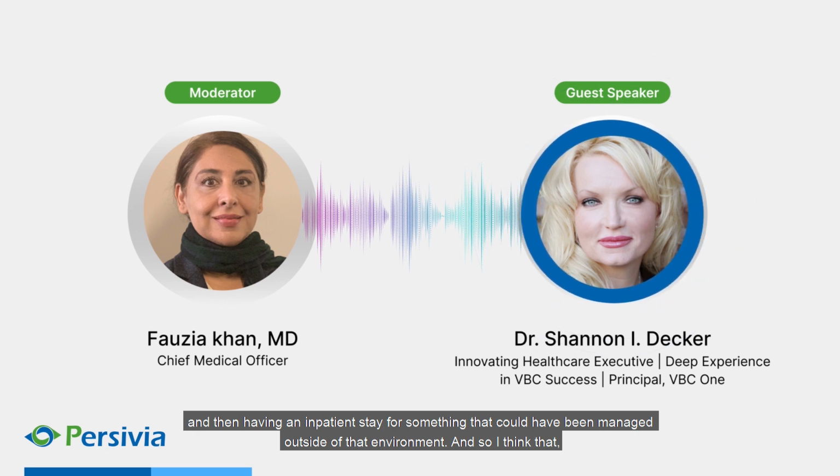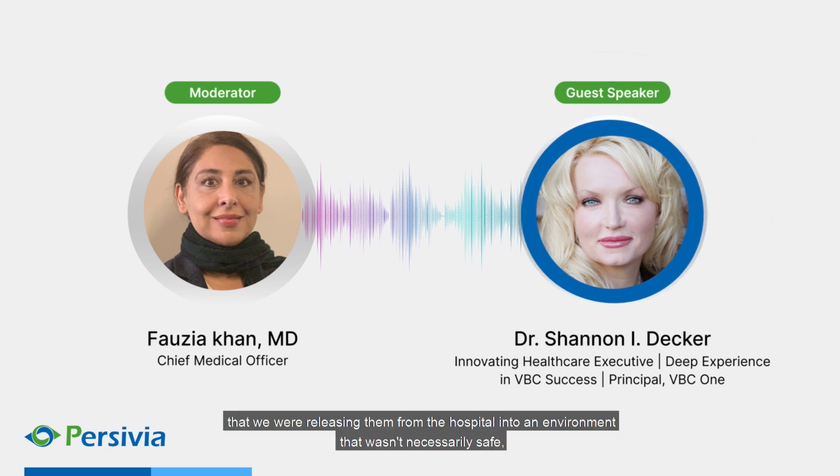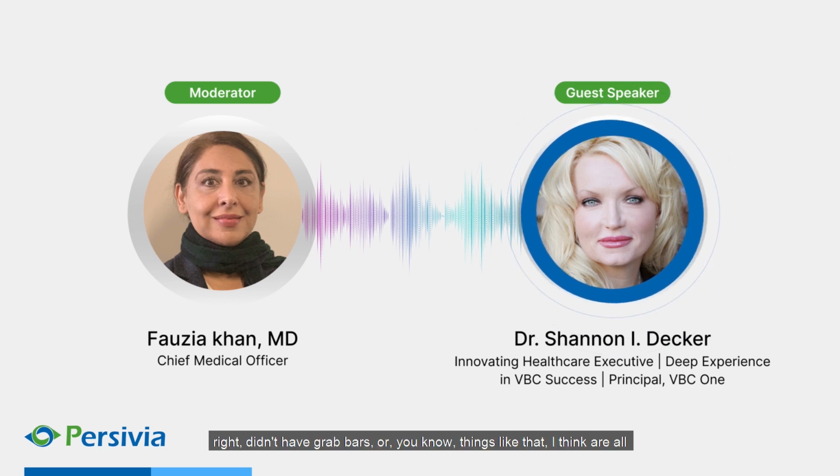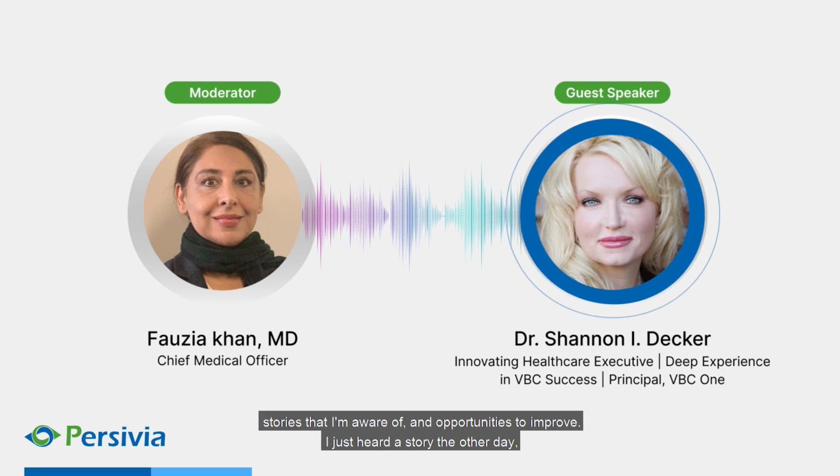And so I think that had we known that the patient had challenges with understanding what medication to take, or that we were releasing them from the hospital into an environment that wasn't necessarily safe, didn't have grab bars, or things like that, those are all stories that I'm aware of, and opportunities to improve.